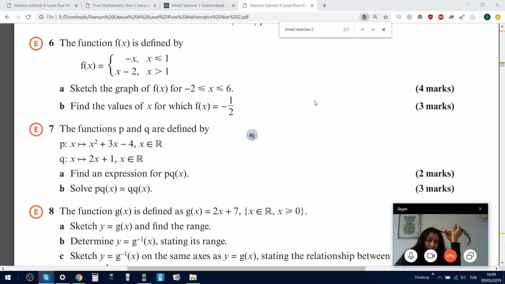For which f(x) equals -half. Don't know. What is the f of x equal to? So do you just go -x equals minus... No. Yeah. -x equals minus a half.